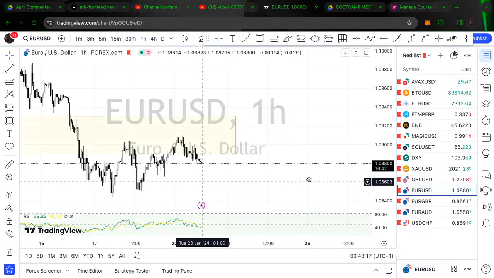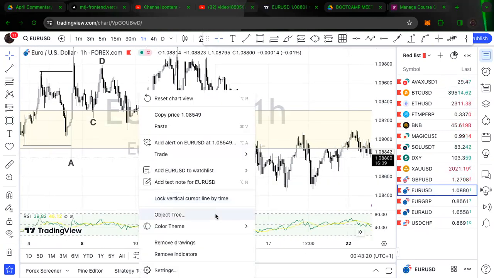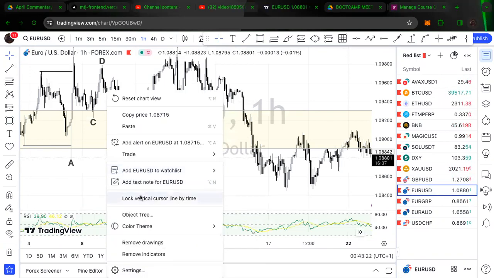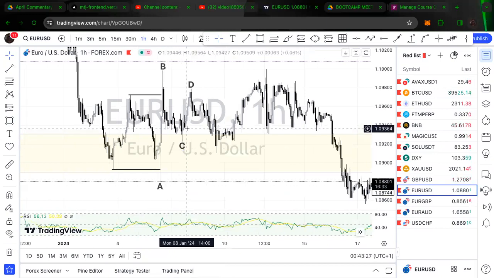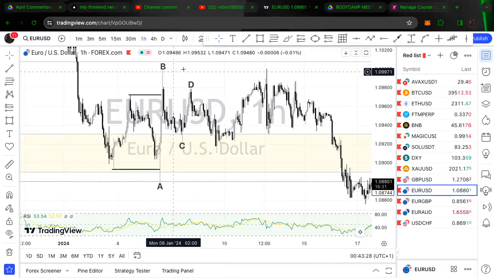So on EUR/USD, right here, where is that place? Our D did not sweep our B. Okay, our D did not sweep our B. So we cannot necessarily say it is a valid move.